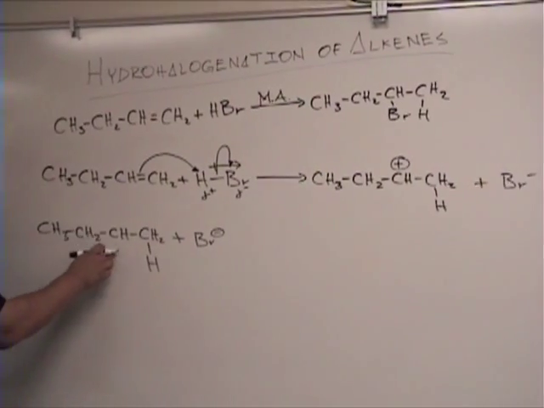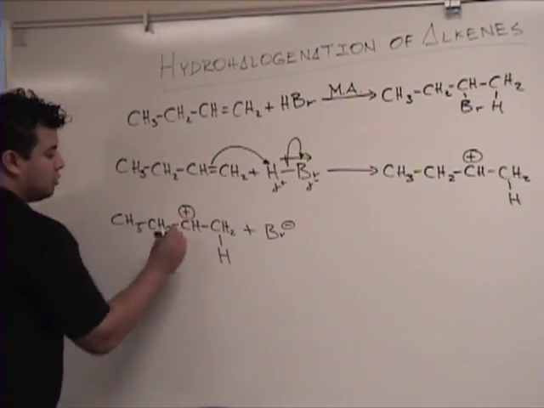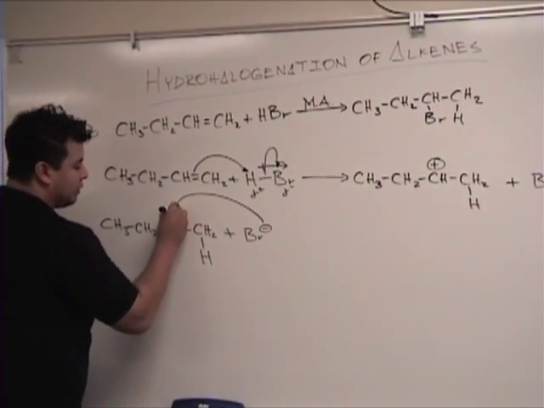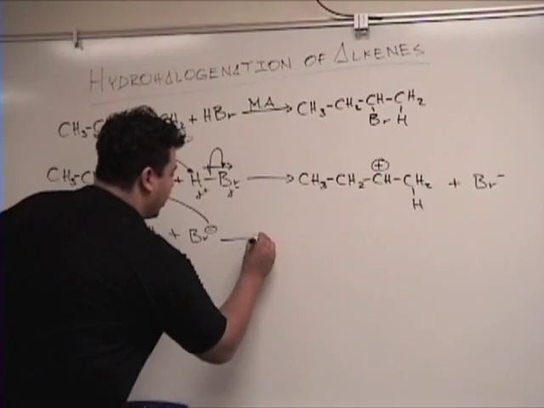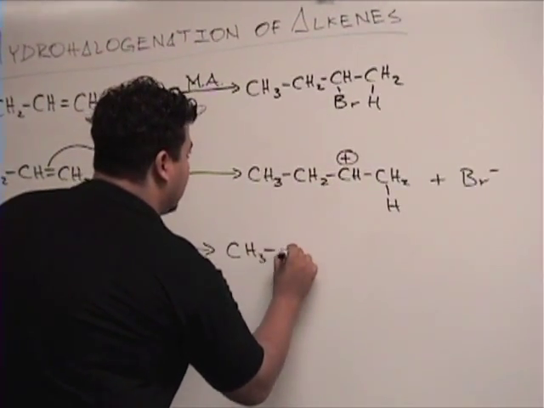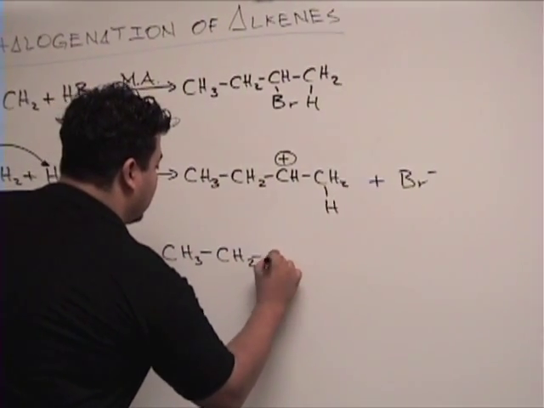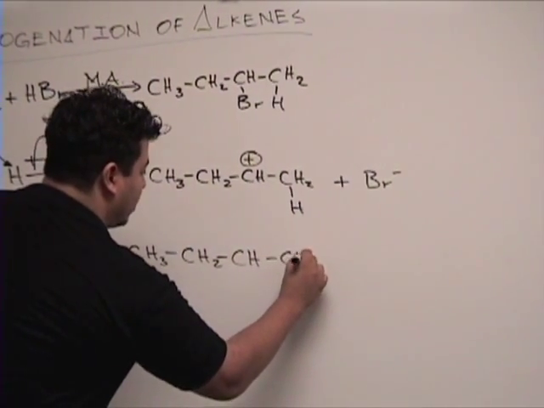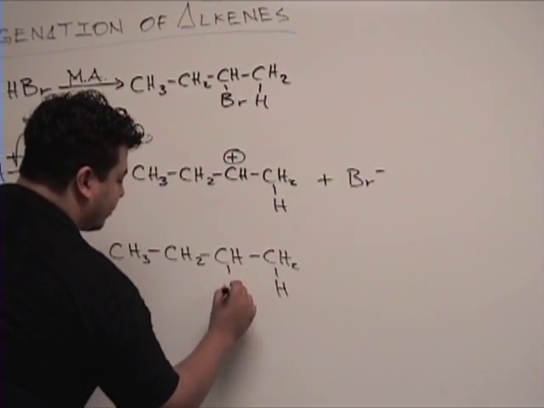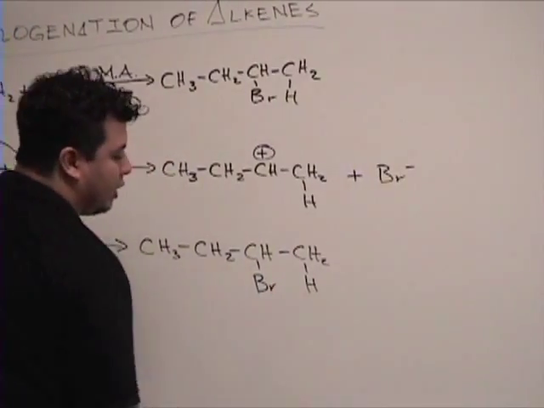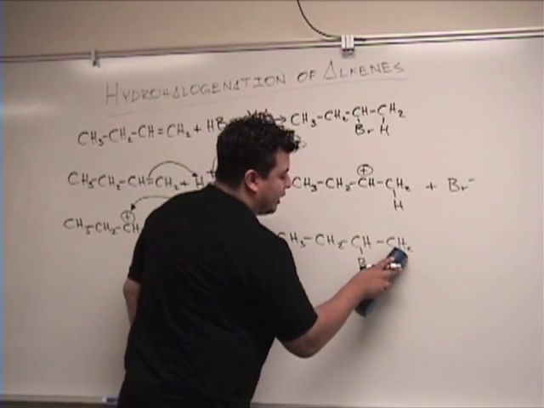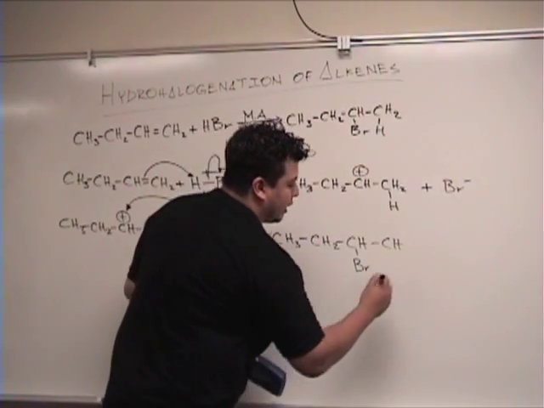We know that this is going to be a carbocation, and we know that negative and positive attract, so this is going to attack this one, and you're going to get this molecule, CH3, CH2, CH, CH2, the H right here, and the Br right here. Now, the way I'm going to write this is, I'm going to take this H out, and I'm going to write it as CH3.